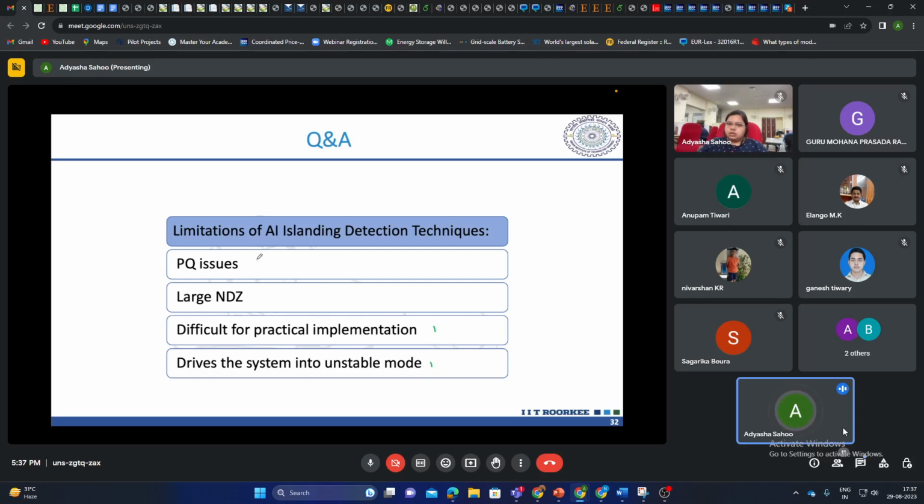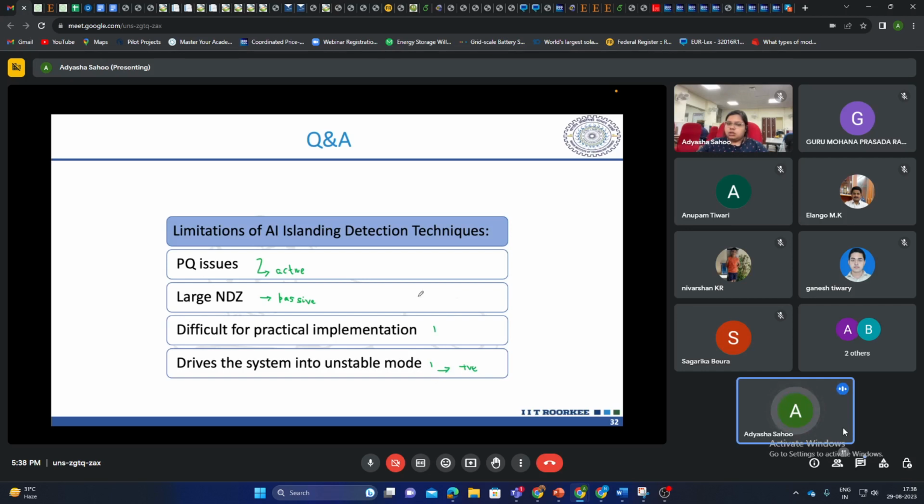Obviously these issues were mostly for active techniques we had seen, because we are externally injecting signals. This we had seen for most passive techniques like your rate of change of frequency, and this also we had seen in the case of the positive feedback active technique.